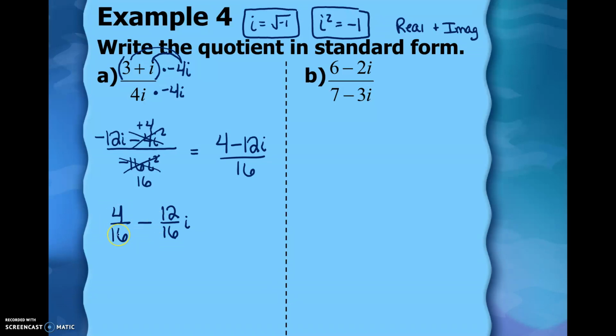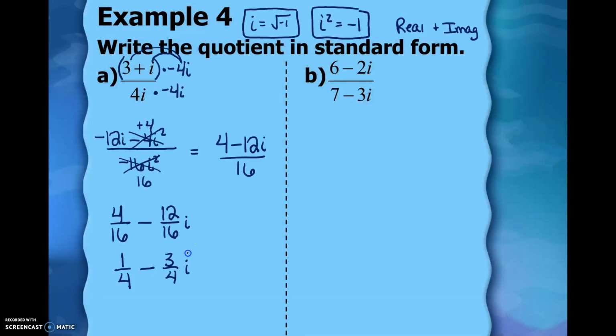So 4/16, and remember, you can use your calculator, either the ABC button if you're using a scientific calculator, or if you're using the graphing calculator, do 4 divided by 16, math button, enter, enter, and that will change it to a simplified fraction. 4/16 is 1/4. 12/16 is 3/4. Our final answer is 1/4 minus 3/4 i.